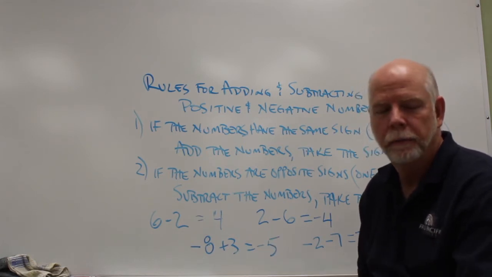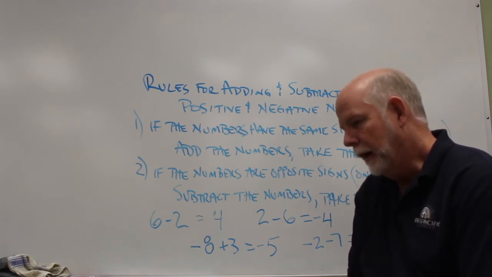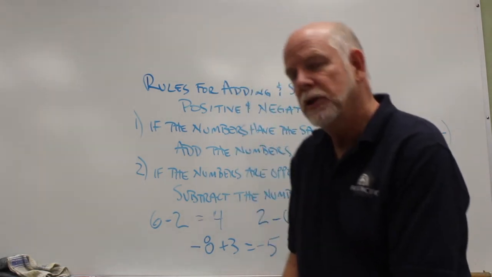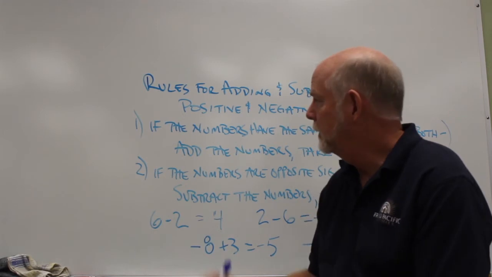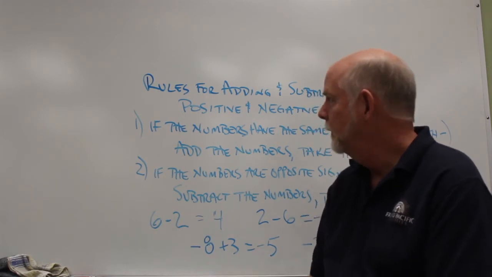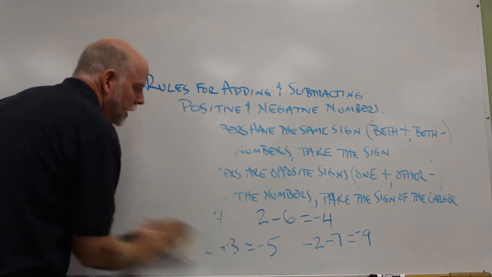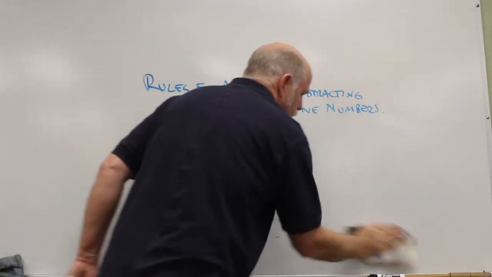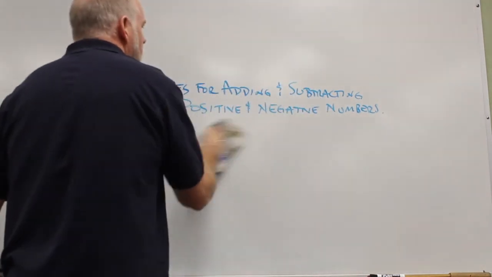Okay? Now, I don't know if this is confusing or not, but the rules for multiplication of positive and negative numbers are actually easier than these rules. They just kind of fall out a little bit quicker and easier. And so let's look at the rules for multiplying positive and negative numbers instead.